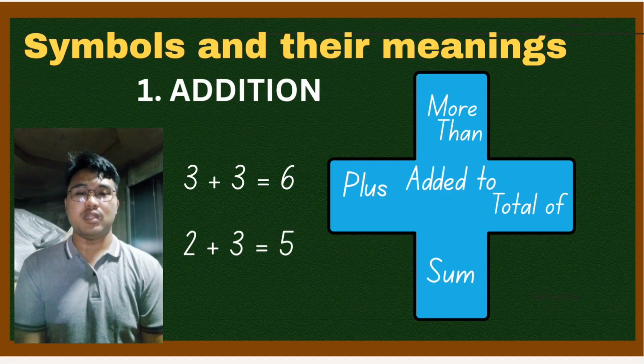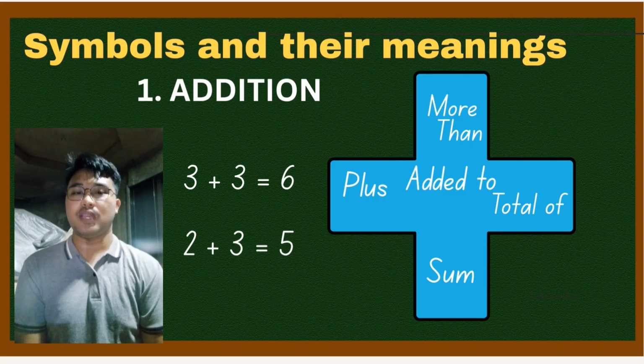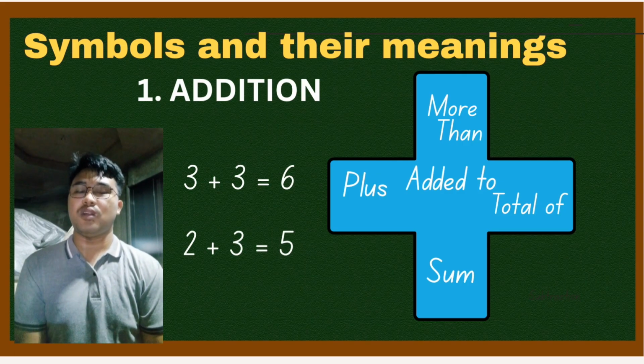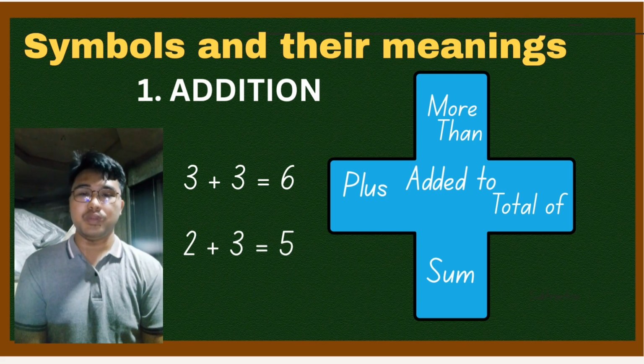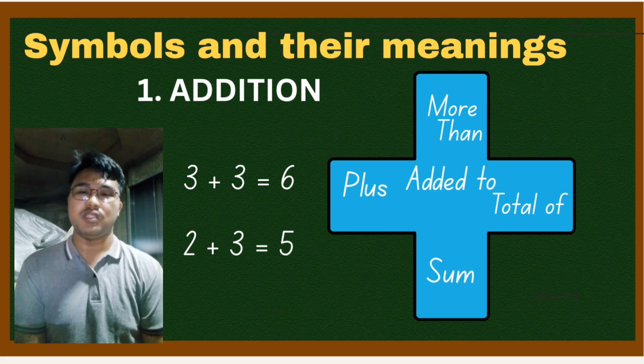And the second one is 2 plus 3 is equals to 5. So we add 2 and 3 to get 5. So the plus sign can also mean added to, more than, total of, and sum.